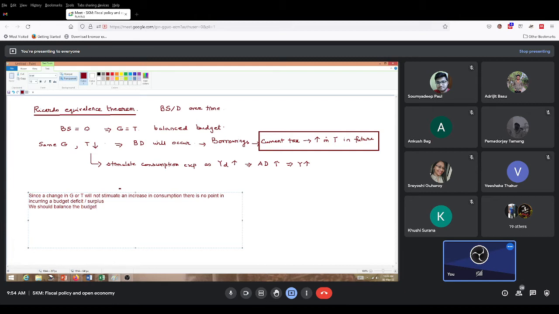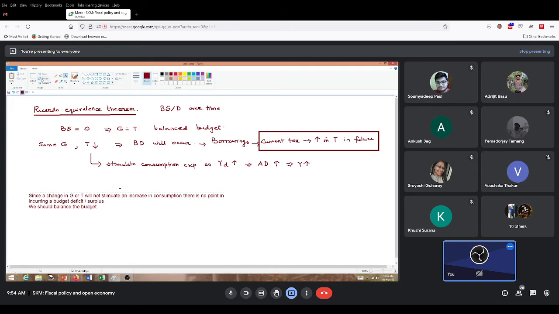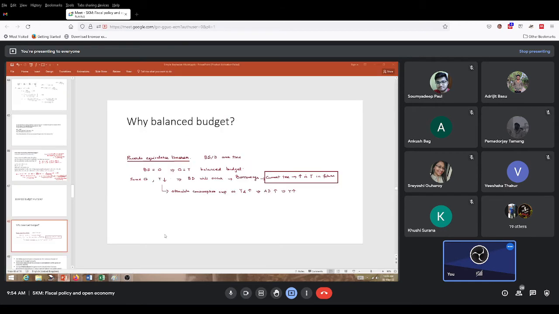We should balance the budget. That is the core of the classical argument in favor of balancing the budget.